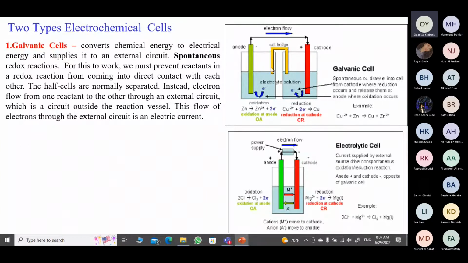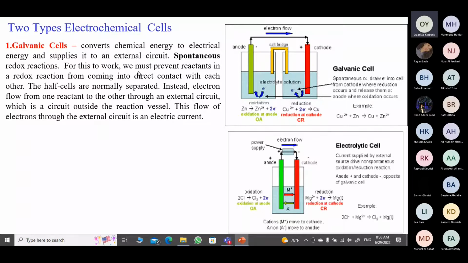Without the presence of a salt bridge, I don't have a complete circuit. If I start a flow of electrons here, plop, plop, I'm done. The minute I put a salt bridge, the electrons can flow out and back in, and then it's a complete circuit. Spontaneous redox reactions in such a circuit are called a galvanic cell.